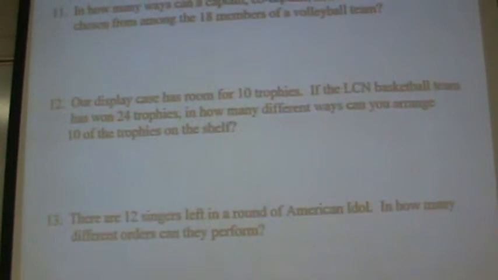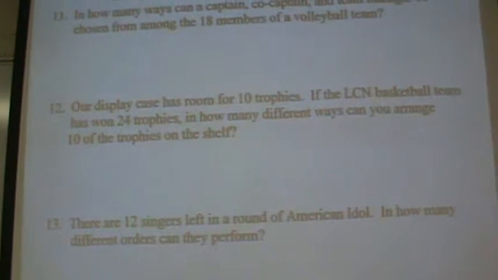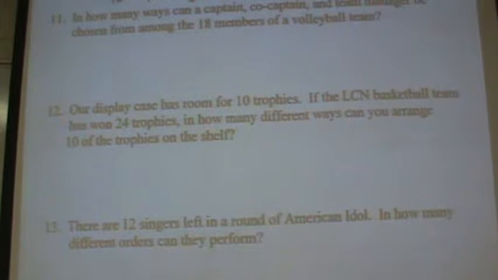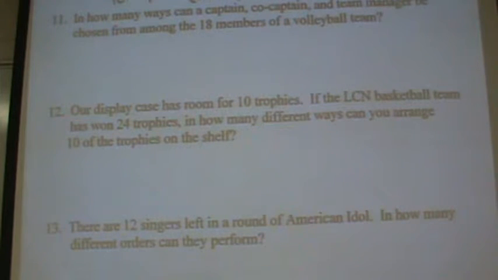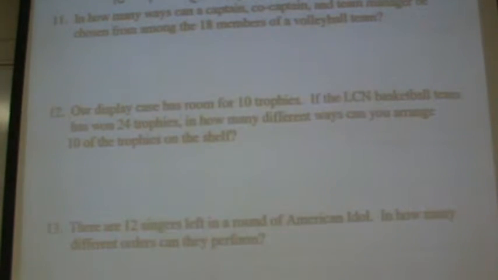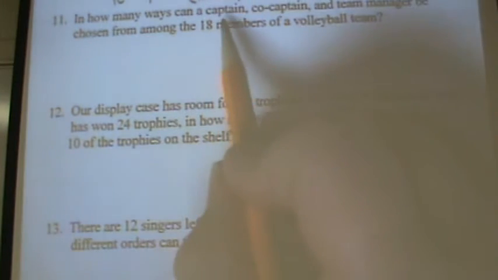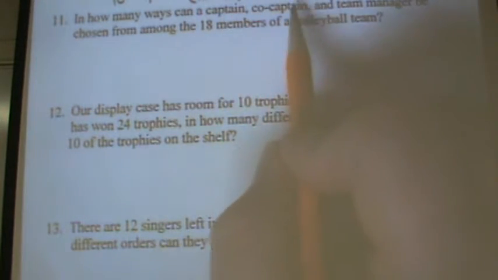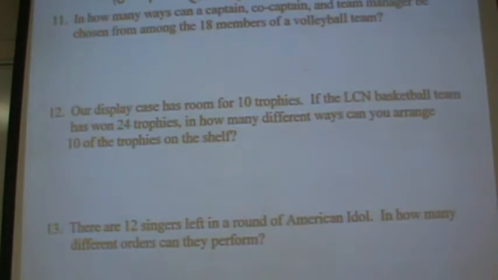Number 11. In how many ways can a captain, co-captain, and team manager be chosen from among the 12 members of a volleyball team? So this again is a combination or a permutation. We have to look at and see if order matters. Now for this one, order does matter because we're choosing a captain, a co-captain, and a team manager.